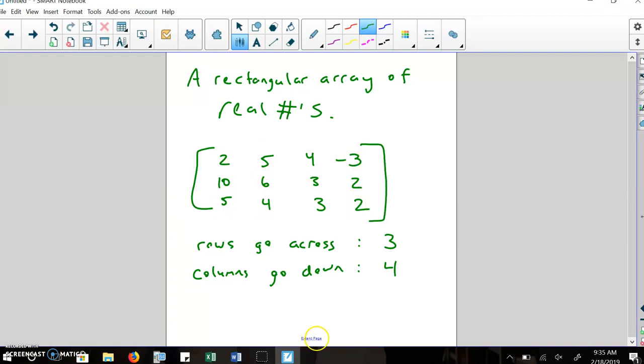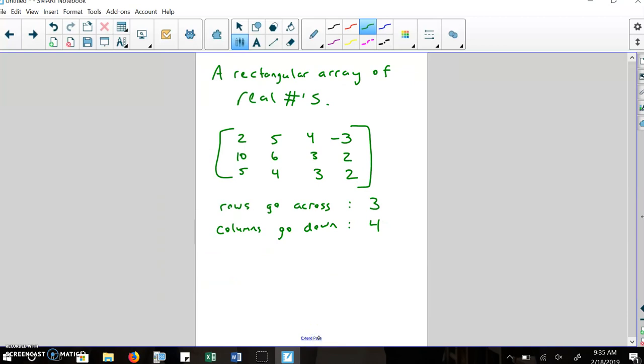Okay, whenever we're writing the dimensions of a matrix, we always do rows by columns. Okay, so this is a 3 by 4 matrix because it has 3 rows and 4 columns.